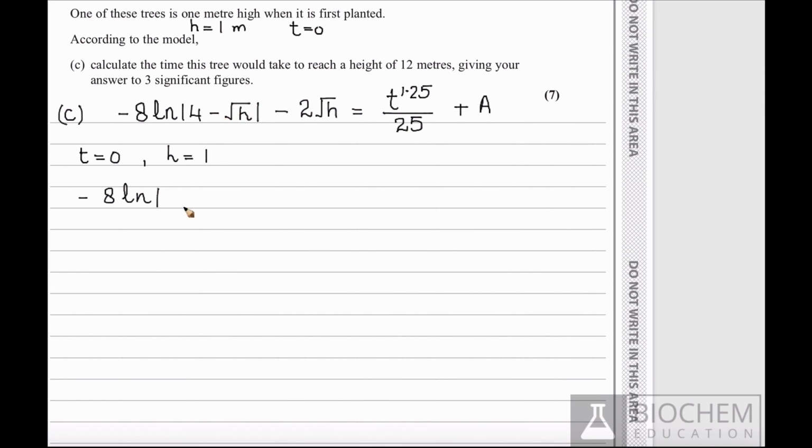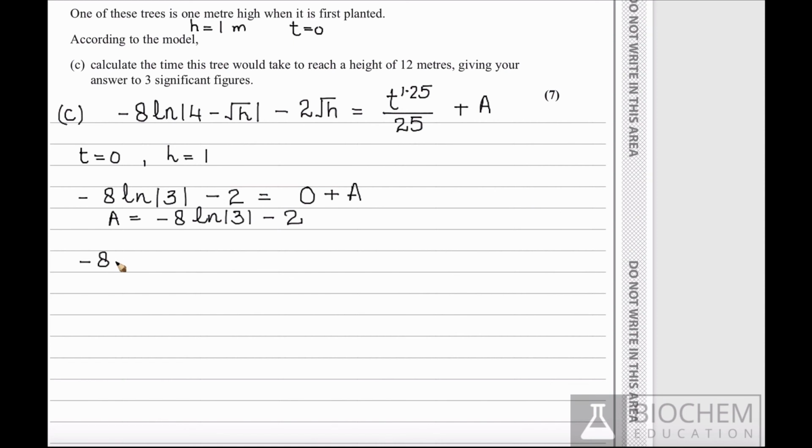So 4 minus 1 is 3, minus square root h is 1, 1 times 2 is 2, equals, when t is 0, 0 to the power of 1.25 is 0, and 0 divided by 25 is still 0. So 0 plus A. Therefore, constant A can be written as negative 8 ln 3 minus 2.